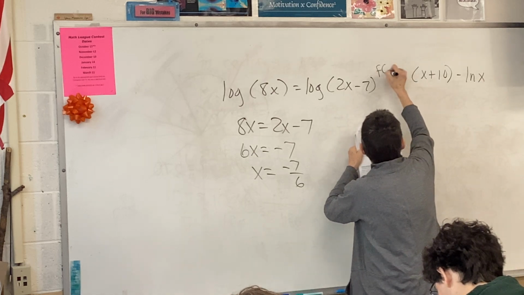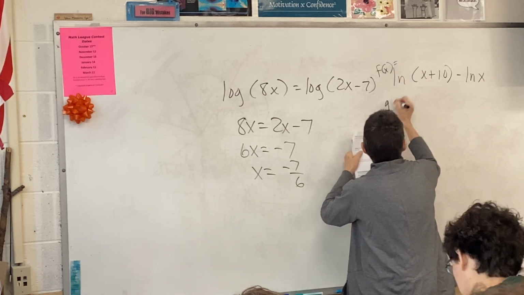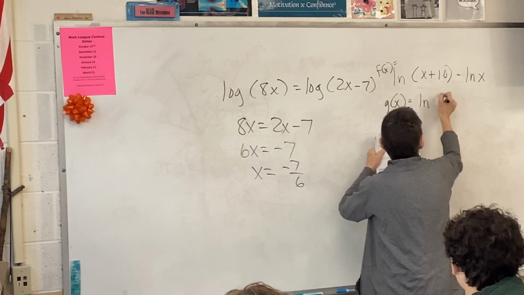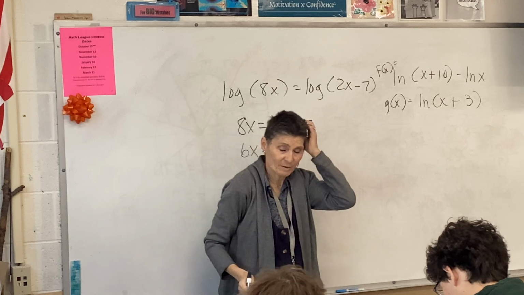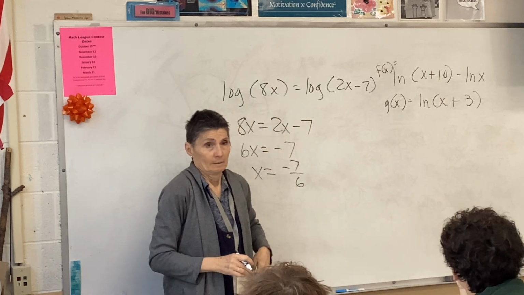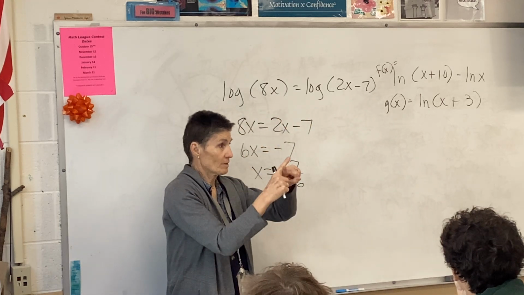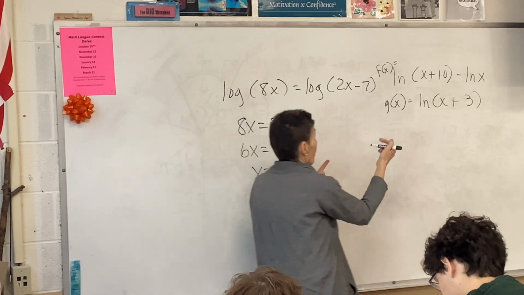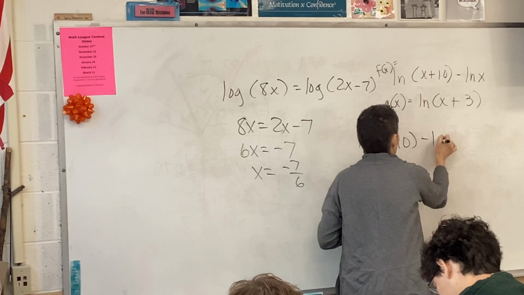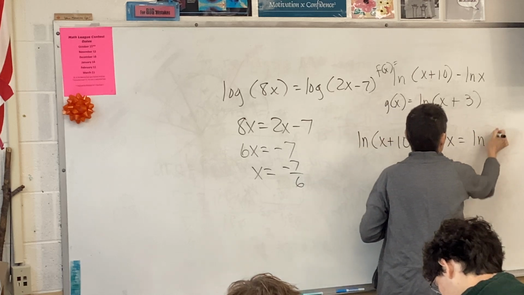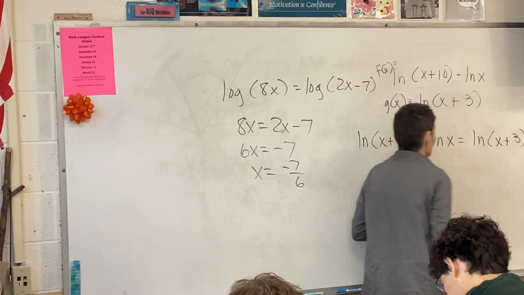So that's one function. Here's another one. And what does it mean if we want to find where they intersect? Where they equal each other. So we're just solving the equation. This guy right here.